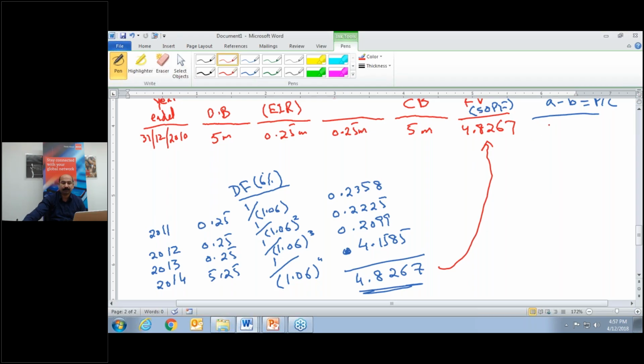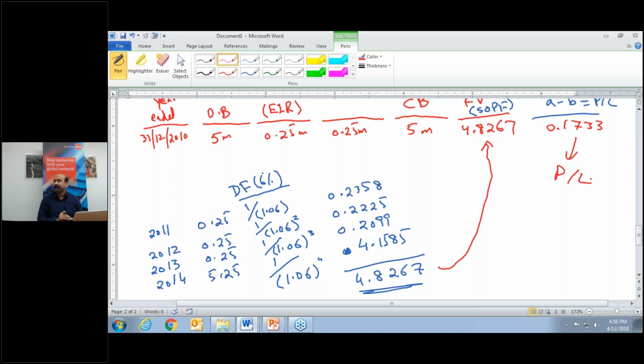This is a fall of the fair value, 0.1733. This is the difference, isn't it? Yeah? 0.1733. And this will be taken, as we have discussed, to the profit and loss account for the year. Interest received will be taken to profit and loss for the year amounting to 0.25 million.